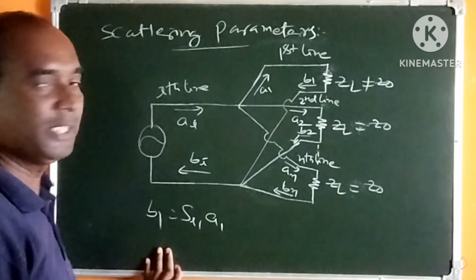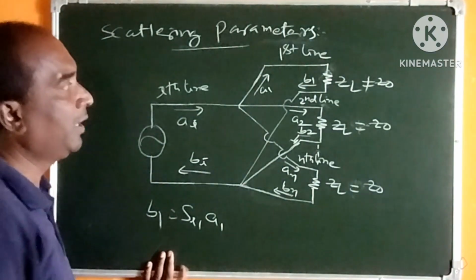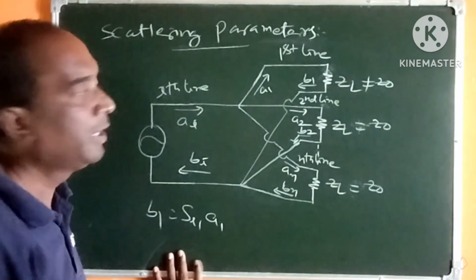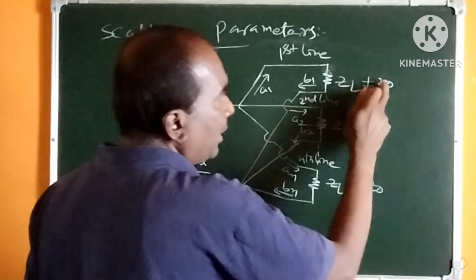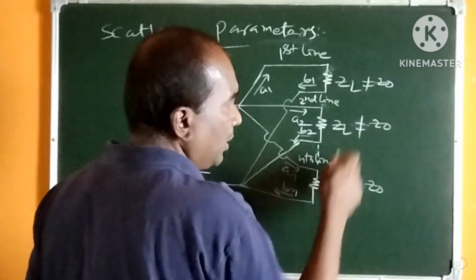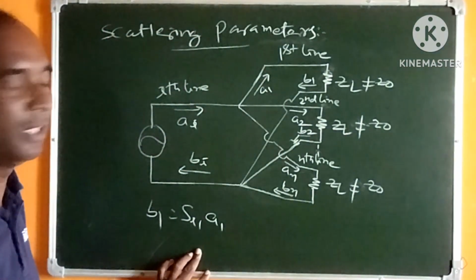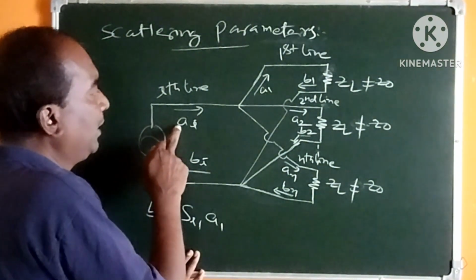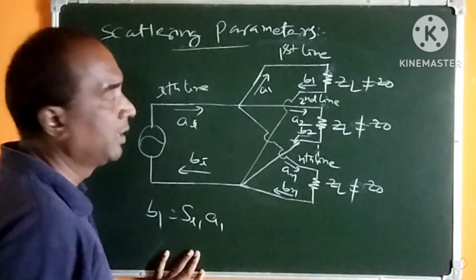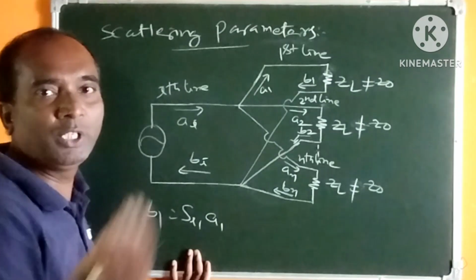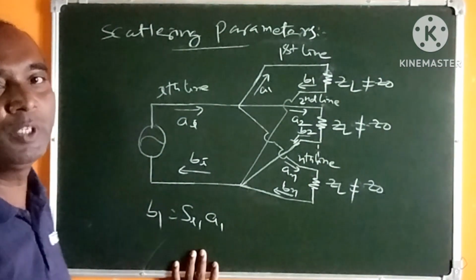That reflected wave can be interrelated with the input A1 as B1 equal to S11 into A1. Now in the second case, let me consider all the lines have improper termination. ZL is not equal to Z0 for the first line, the second line, the third line, and the nth line also. Now the signal splits up between all the lines. When it passes through the first, second, and third line, there is a possibility of reflection because of improper termination.